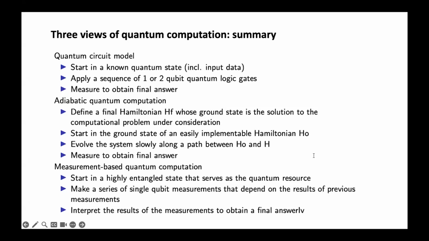You define the final Hamiltonian whose ground state is the solution of the computational problem under consideration. And you start in the ground state of an easily implemented Hamiltonian, and then you evolve very slowly. As you remember, this is very important in the context of adiabatic quantum computation. And then you measure to obtain the final answer.